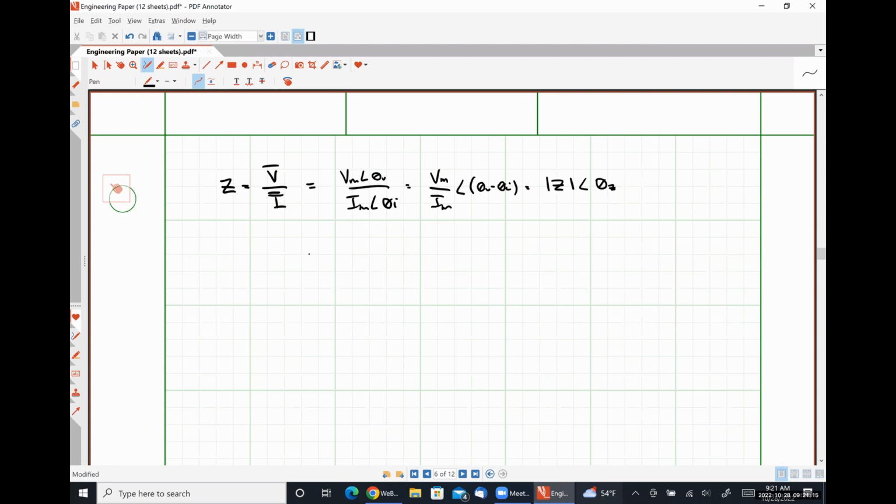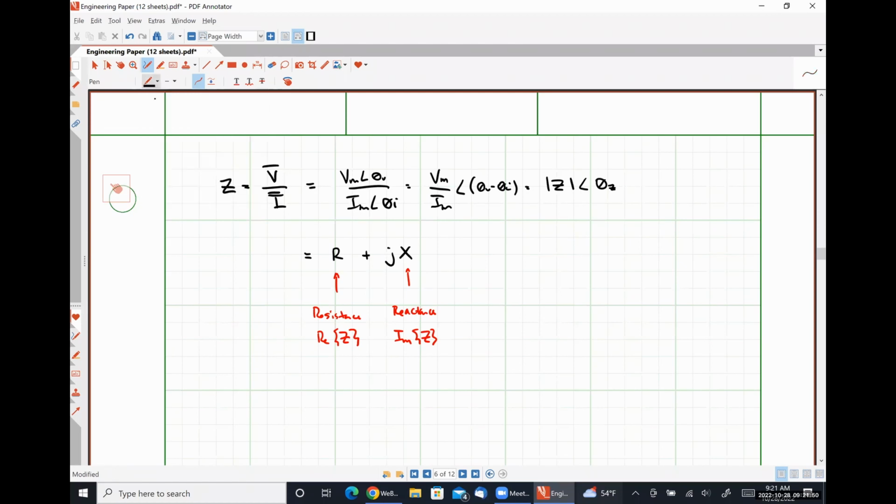In rectangular form, we call this R plus jX, where R is the resistance, and it is the real part of our impedance, and X is the reactance, and it is the imaginary part of our impedance.